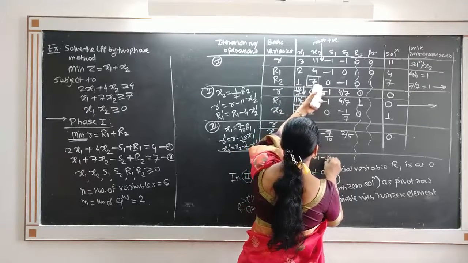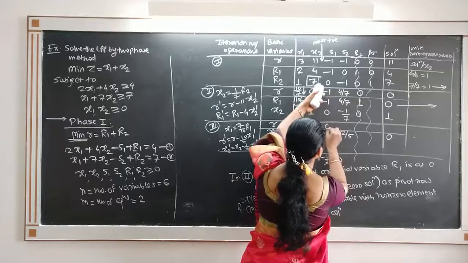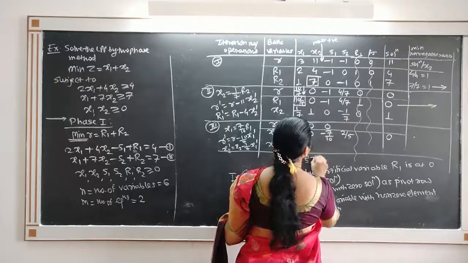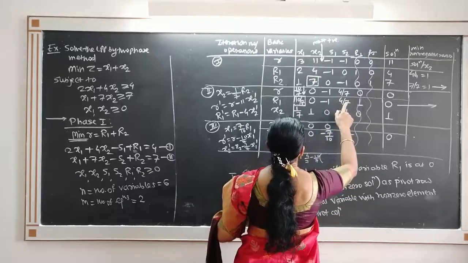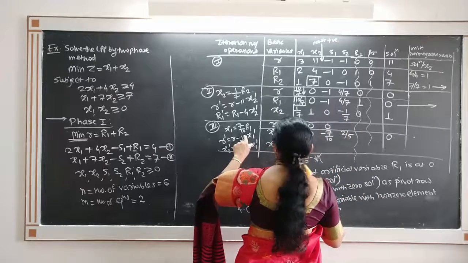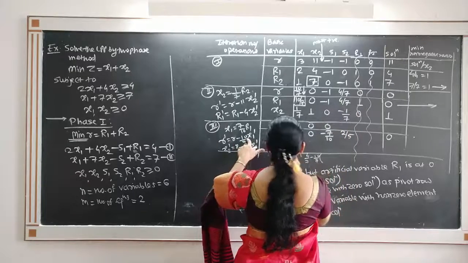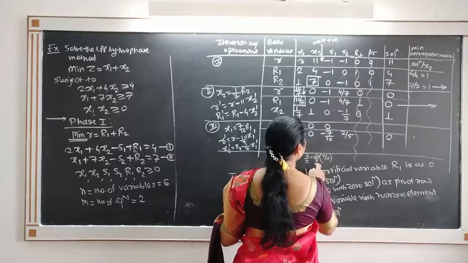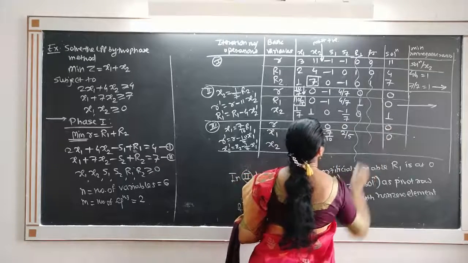Minus 1 minus 10 by 7 times minus 7 by 10 gets cancelled, minus 1 plus 1 is 0. Then 4 by 7 minus 10 by 7 times 2 by 5 becomes 4 by 7 minus 4 by 7, which is 0, and 0 remains 0.